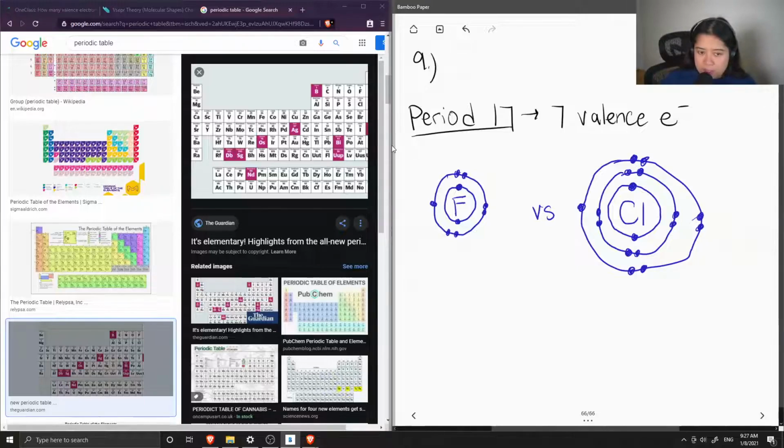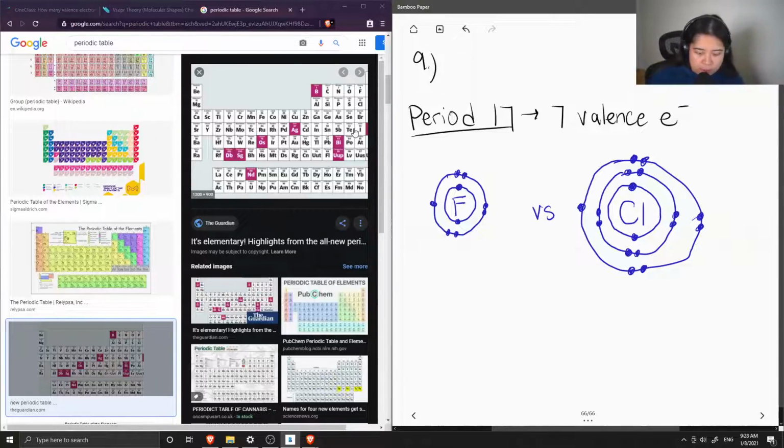And again, you can see how chlorine also has 7 valence electrons when we compare it to fluorine, but its atomic radius is much bigger than that of fluorine. So the more we go down the periodic table, the bigger this radius gets.